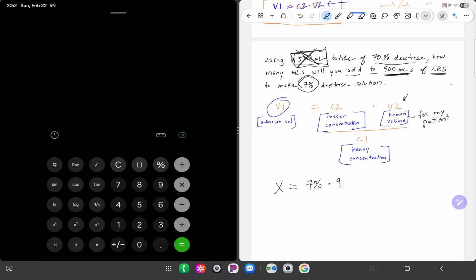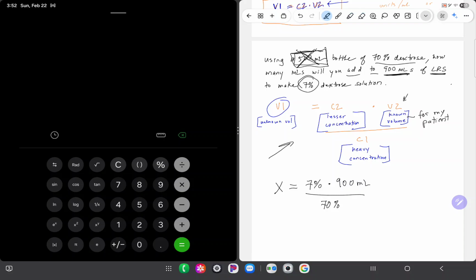Okay? So now we add on here, there's 900 mils left in the bag of fluids hanging above my patient that I just walked over to check on. I said, okay, he's got 900 mils left. My doctor wants 7%. Got it. All right, and then according to this equation, now we're dividing by the heavy concentration, or C1, which is 70%.